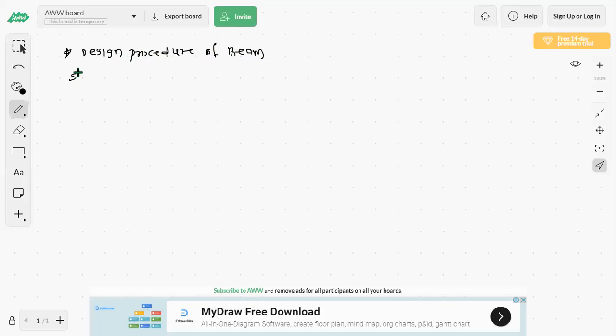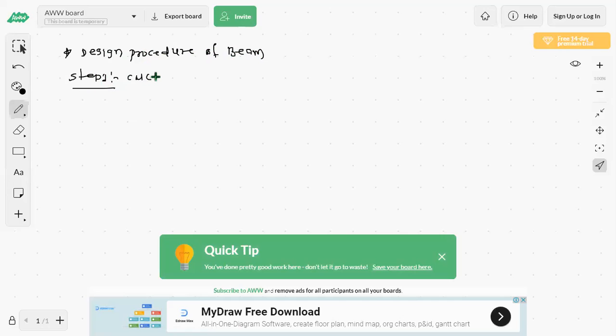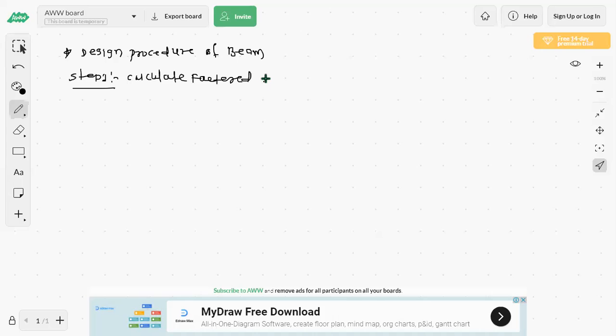Step 1 was to calculate the factored load, then the maximum bending moment and shear force.